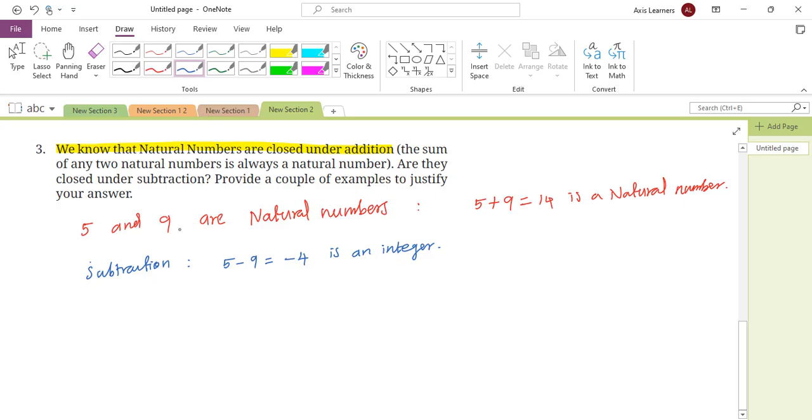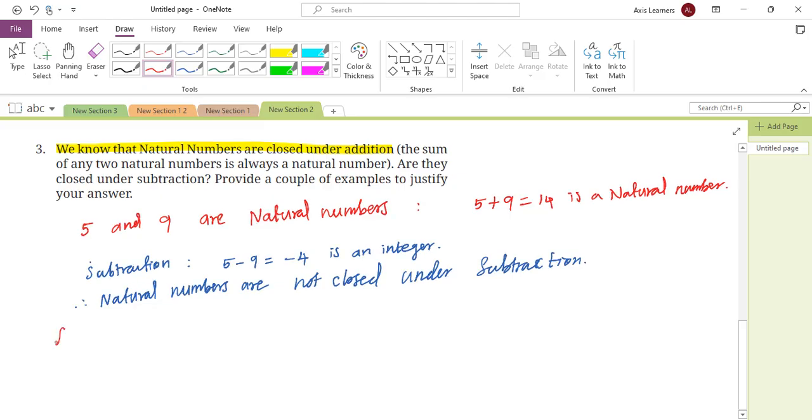So what can we say? Natural numbers are not closed under subtraction.